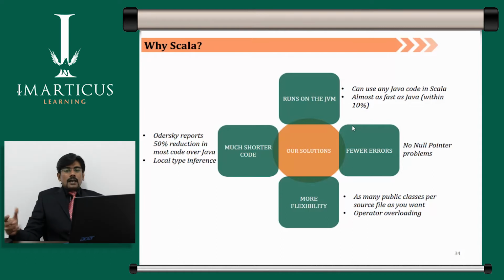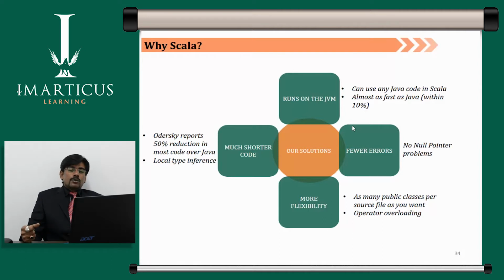People prefer Scala because of certain best features of Scala. Once you try to code in Scala, the code is literally around 40 to 50% less as compared to Java. For example, if you want to write code in Java, you need to write 100 lines.